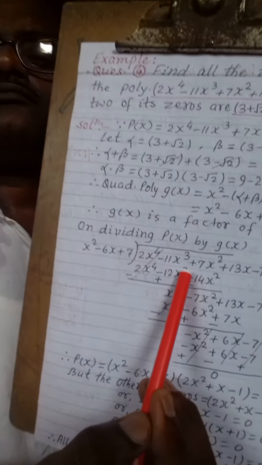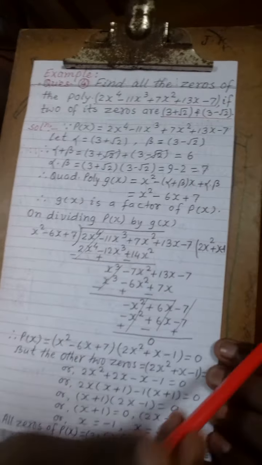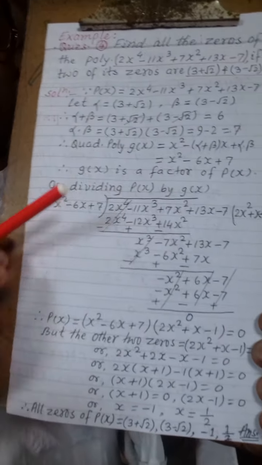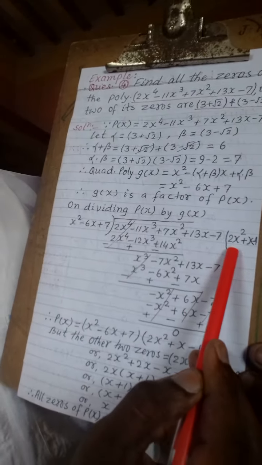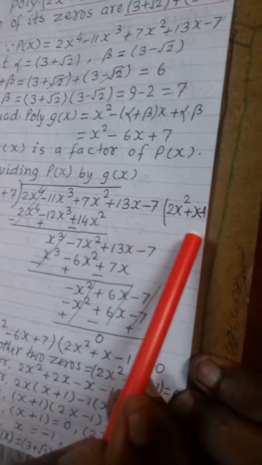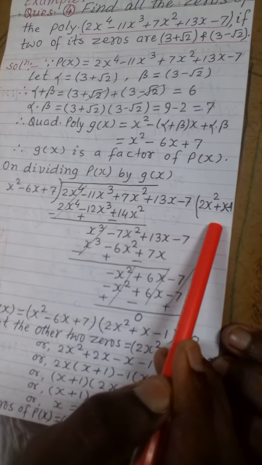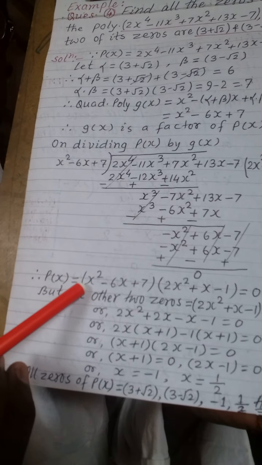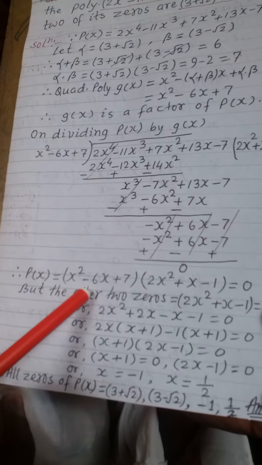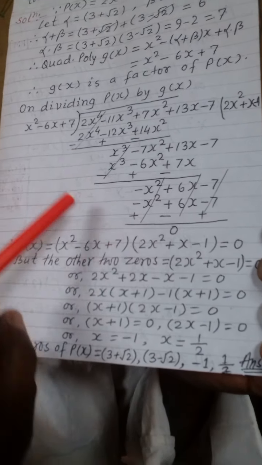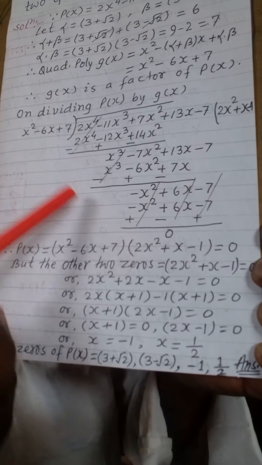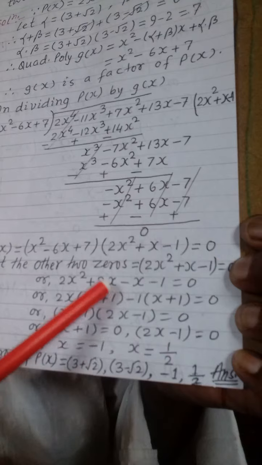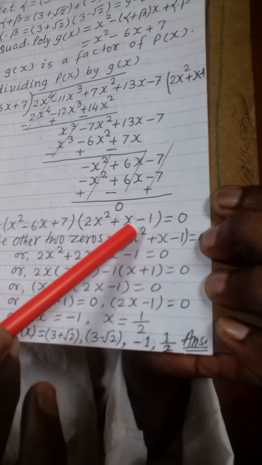I will not explain the division process here because I have just explained it in the previous example. We get 2x^2 plus x minus 1 as the other factor, and so p(x) is equal to (x^2 minus 6x plus 7), this is the divisor, into the quotient (2x^2 plus x minus 1).